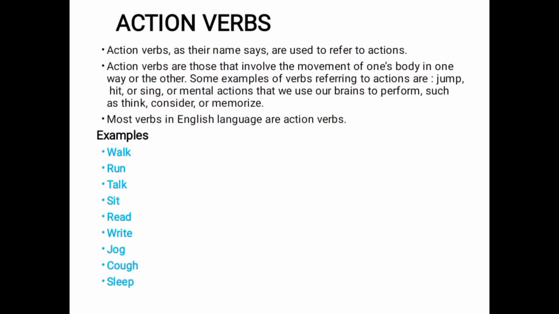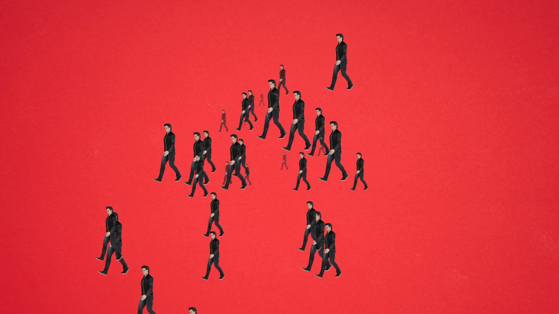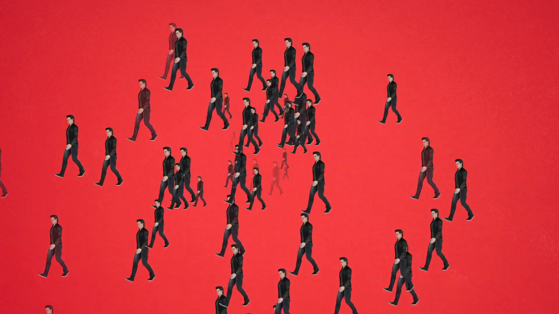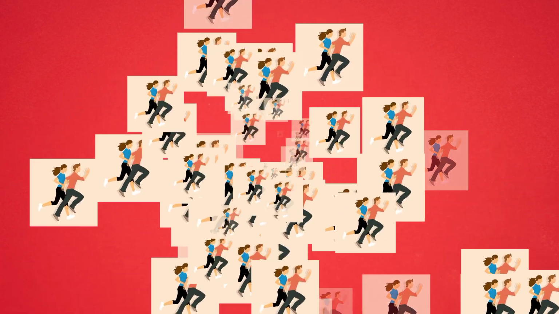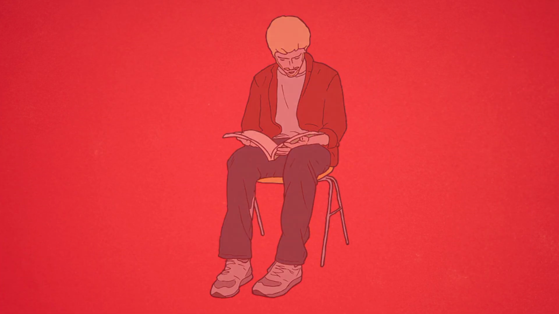Most verbs in the English language are action verbs. Examples: walk, run, talk, sit, read, write, jog, cough, sleep.